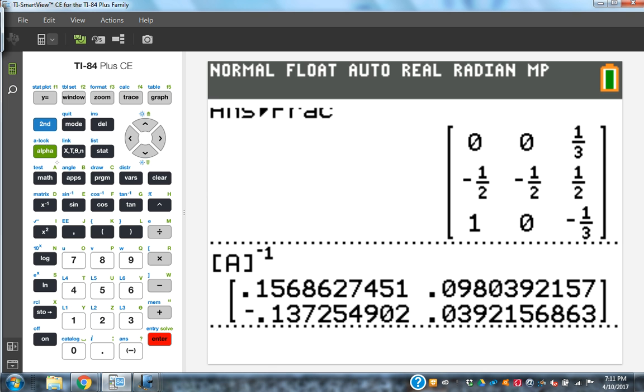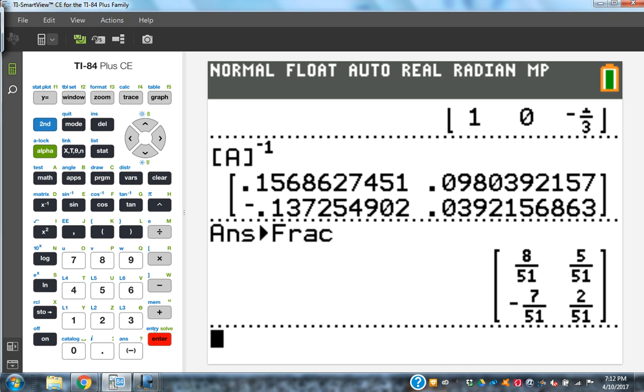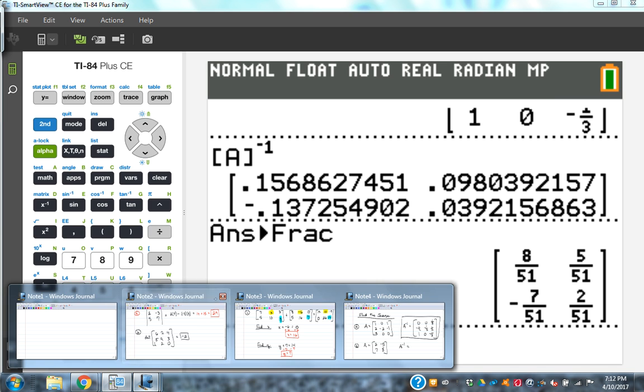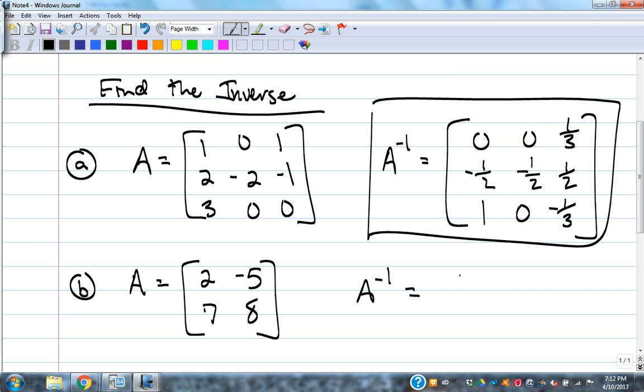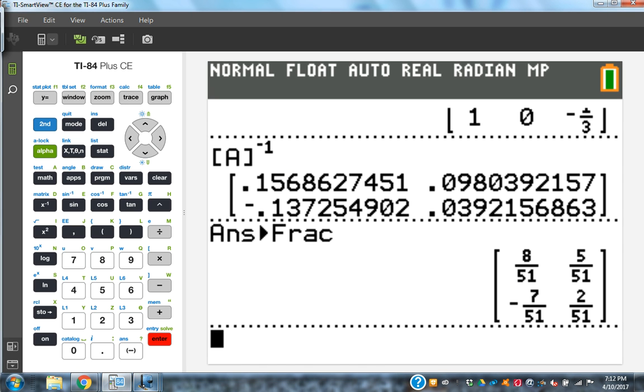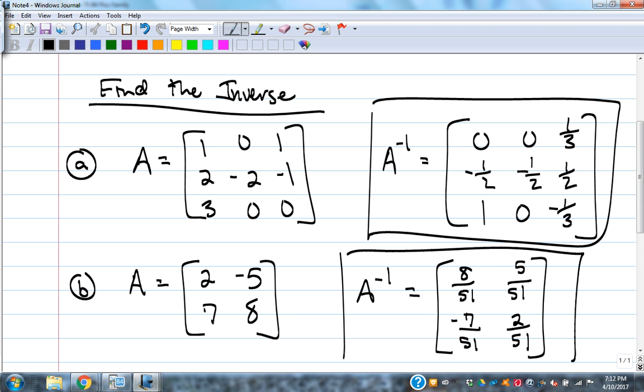And that's ugly, but if I hit math, enter, it gets a little bit better. 8 over 51, 5 over 51, negative 7 over 51, 2 over 51. And that's the inverse of that matrix.